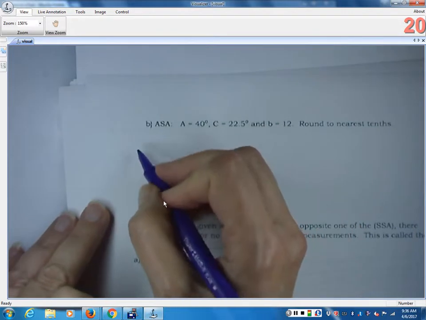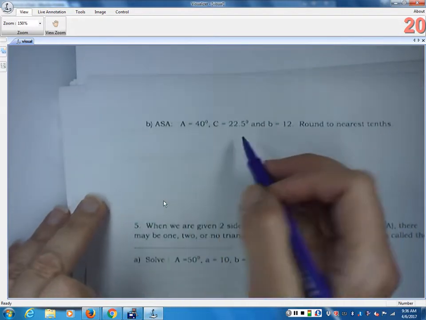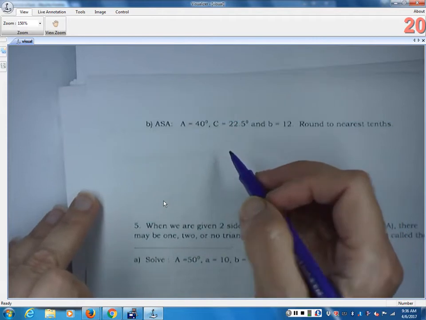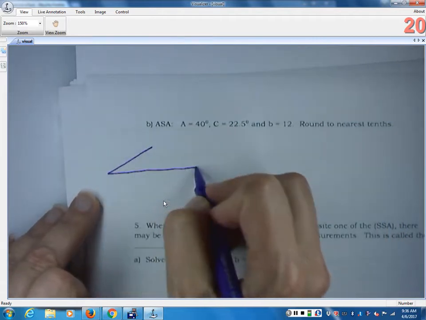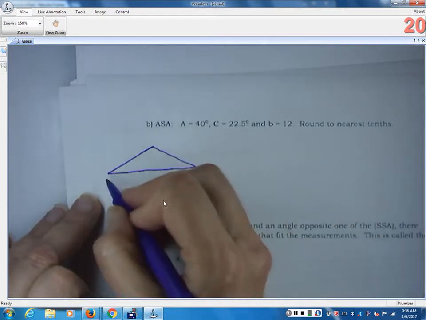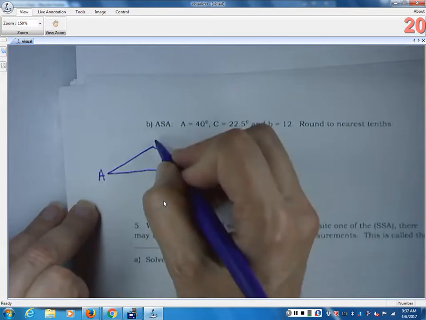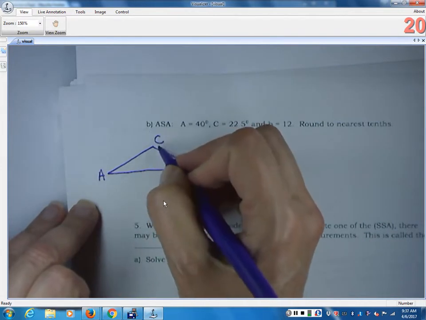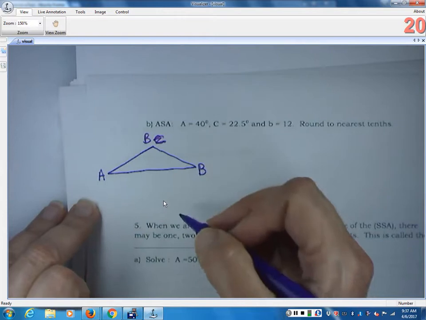But draw a picture. We've got a 40 degree and a 22.5 degree angle. So, you know, this picture: A, B, C. No, I'm looking at the wrong picture.